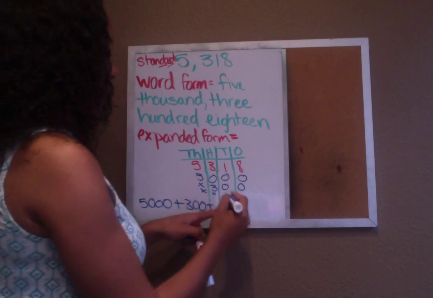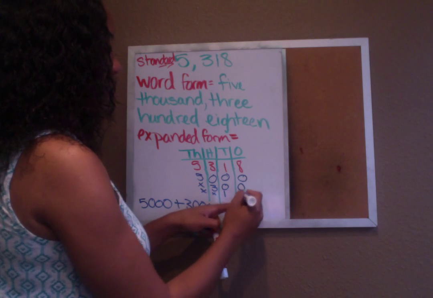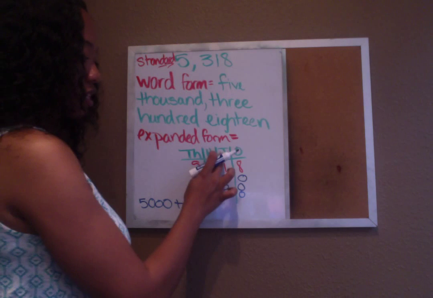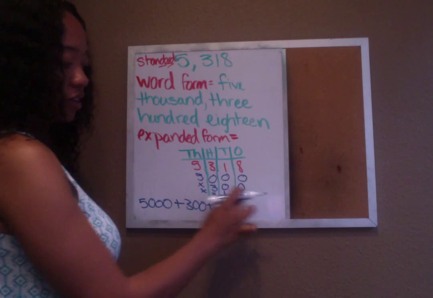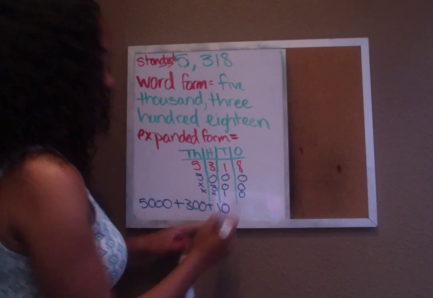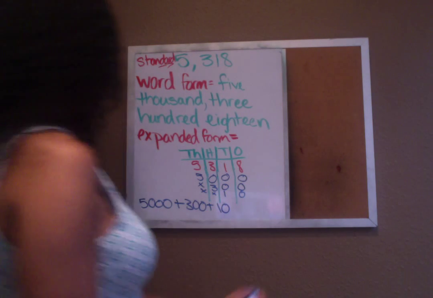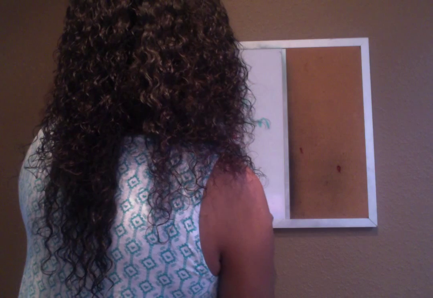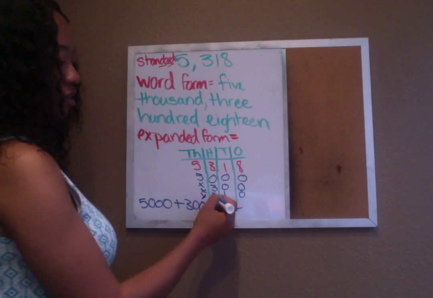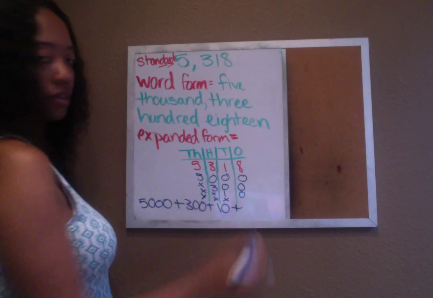You're on to the 1. 1, 0. Are you in the tens place? Yes. Are you left with 10? Yes. You're on the right track. 10. Put a plus sign. You're done with the 5, done with the 3, done with the 1.